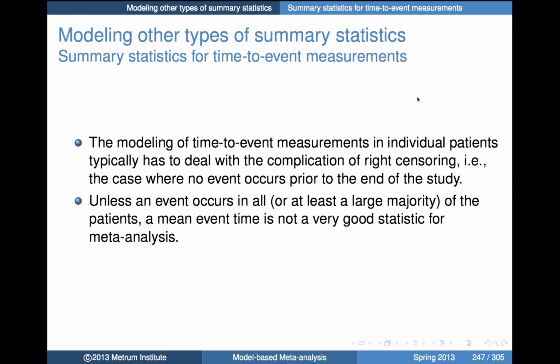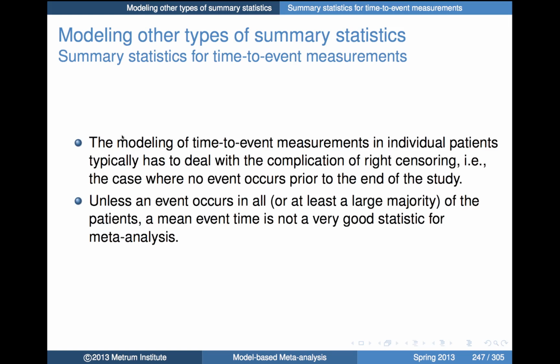And there's a whole collection of tools used for analyzing that type of data when you actually have the individual data, and those are methods which have been designed to deal with the problem of right censoring. In other words, when you're dealing with time to event measurements, it's not necessarily true that everybody in the trial will experience an event at all. And so you have to somehow deal with the fact that you do have a subset of patients without those. In other words, what we term right censoring.